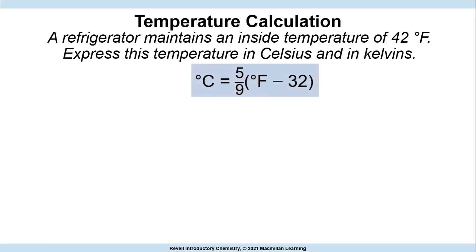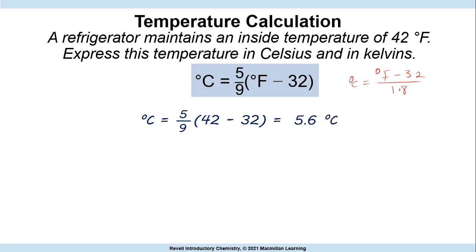Now, to convert from Fahrenheit to Celsius, remember it is 5 over 9 times degrees Fahrenheit minus 32, or you could say it is degrees Fahrenheit minus 32 over 1.8. That's the same thing. This is degrees Celsius. If you carry out that calculation, the temperature in degrees Fahrenheit is 42, so you subtract 32 from it, multiply by 5, and then divide by 9.